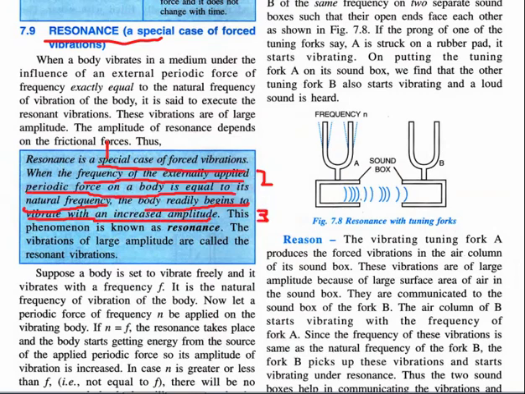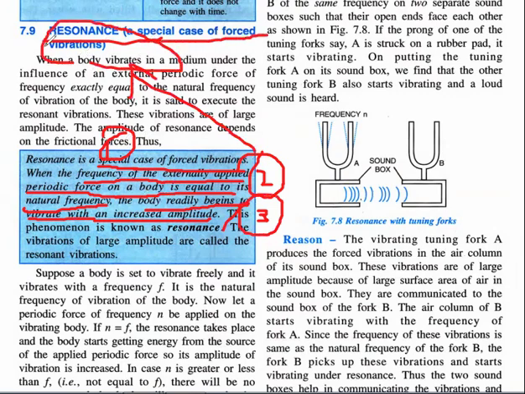These 3 points are very important for this definition of resonance. So resonance is a special case of forced vibration. That is the first point you have to write. So don't forget these 3 points. If you forget one, there's chances of losing full marks for this definition.